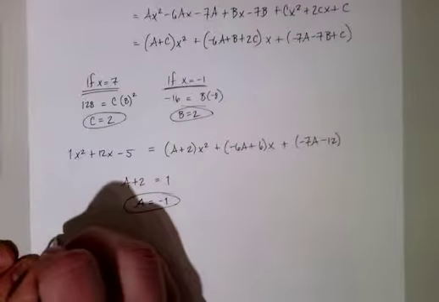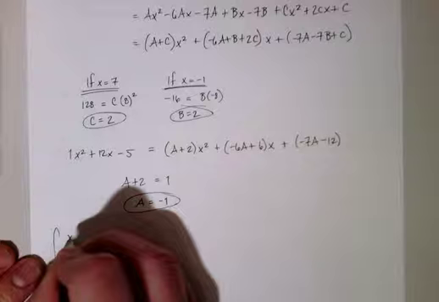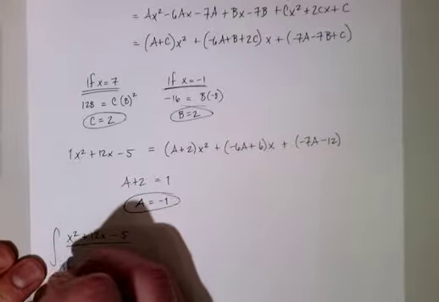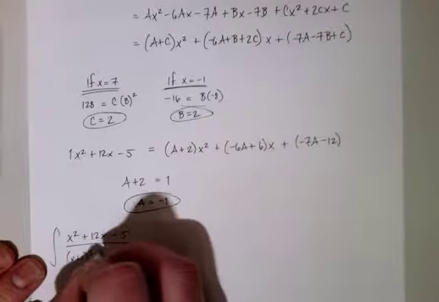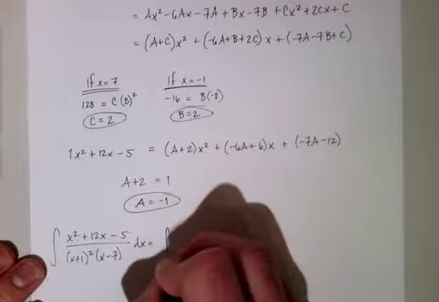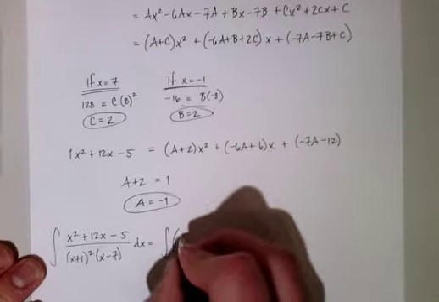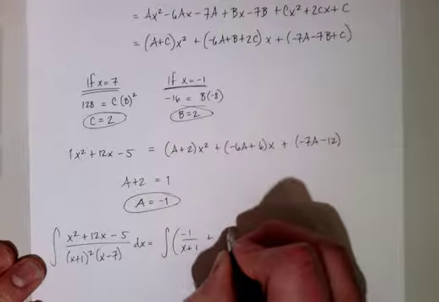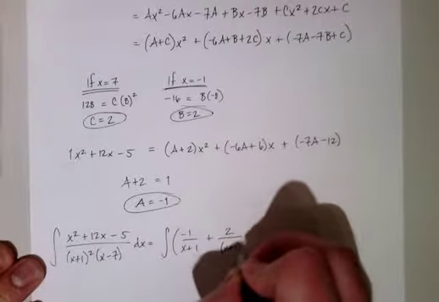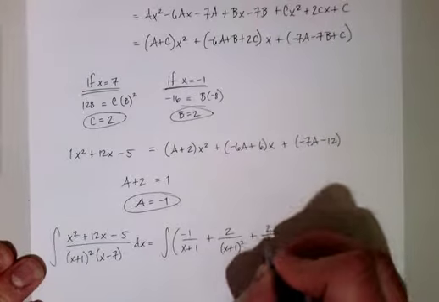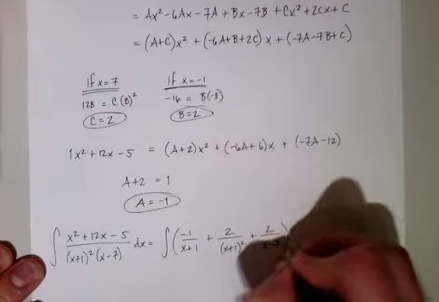Okay? So my integral of (x squared plus 12x minus 5) over (x plus 1) squared times (x minus 7) dx actually gets transformed into the integral of negative 1 over x plus 1, plus 2 over (x plus 1) squared, plus 2 over x minus 7, dx.